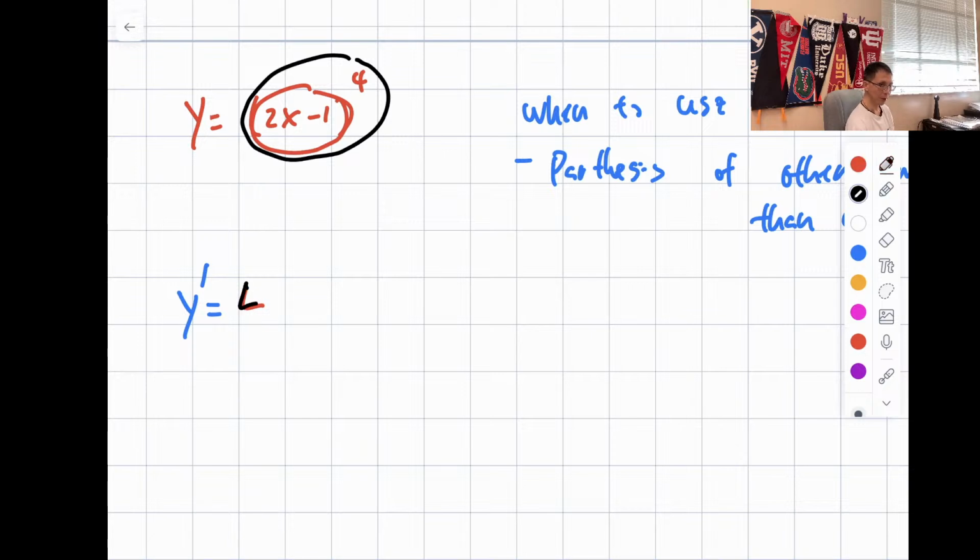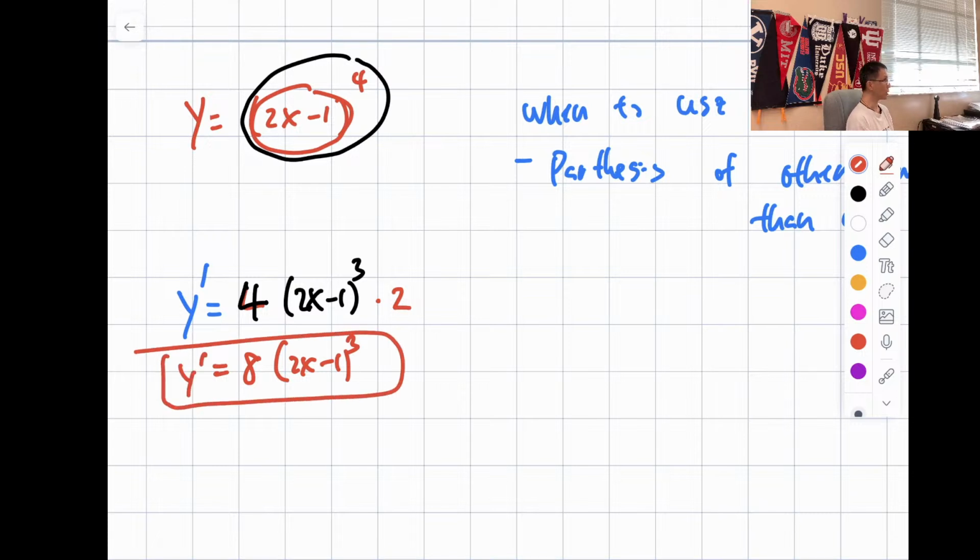This is the 4 times 2x minus 1 to the 3rd times the derivative of the inside, which is 2. And that's it. Super easy. Taking derivative of that is very, very easy.